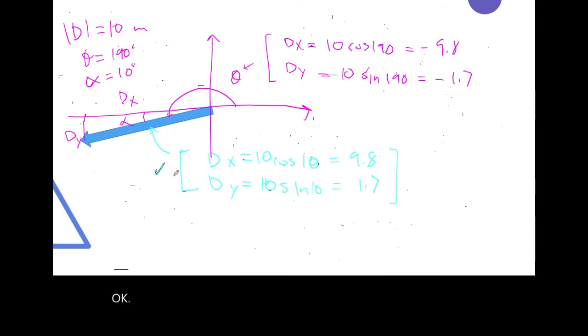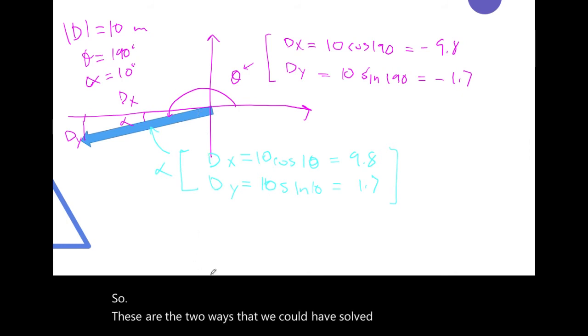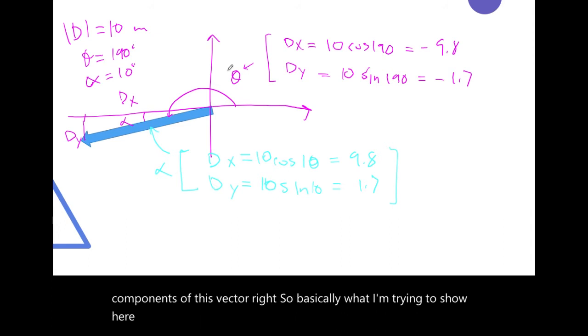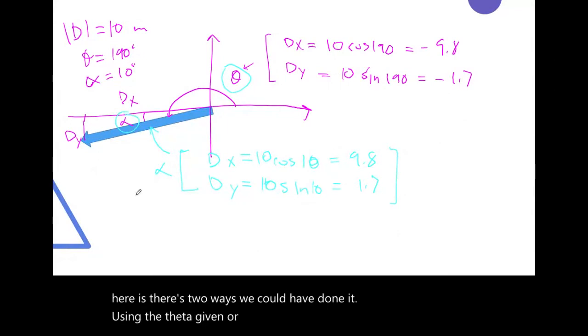Okay. So these are the two ways that we could have solved for the components of this vector, right? Basically what I'm trying to show here is there's two ways we could have done it, using the theta given or this alpha here that we solve for.